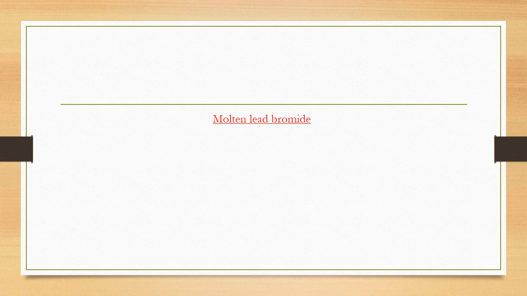So basically, if you put the electrodes into solid lead bromide, flick the switch, you're going to see nothing happen, because it has to be melted. But when the lead bromide is molten, you'll see that electrons start to flow through the circuit.